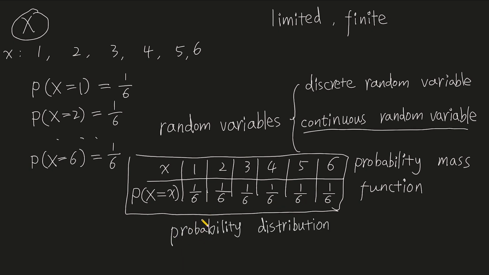The probability distribution has a property that the sum of all the probabilities is 1. In this example, the sum of all the 1 over 6 is 1. You know we have six 1 over 6, and the sum of them is 1.